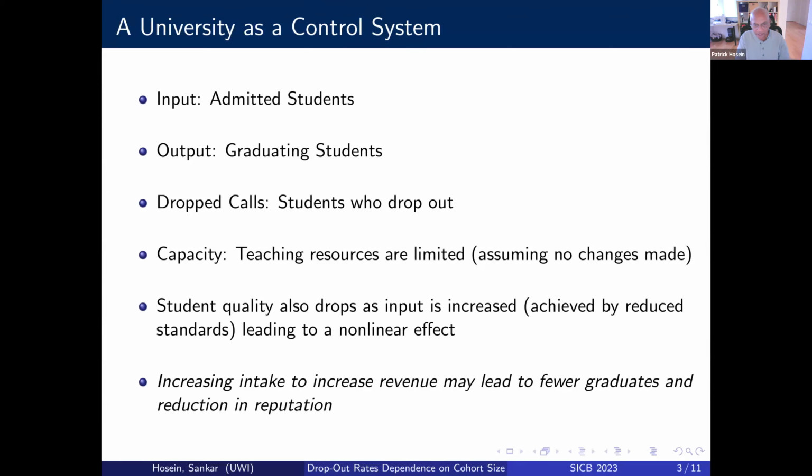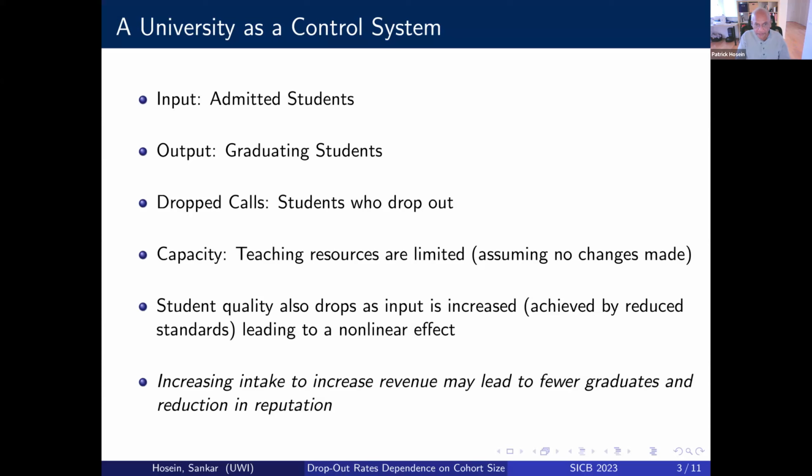So this actually leads to a nonlinear effect. You have two components: the reduction in quality as the input increases, as well as the increase in work that will not result in a graduated student.